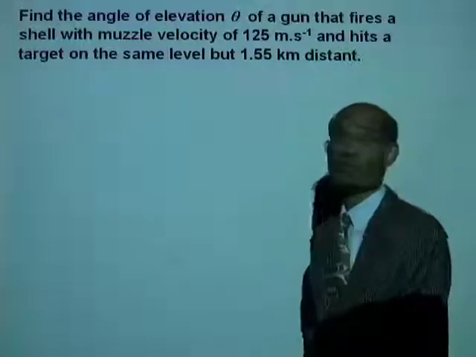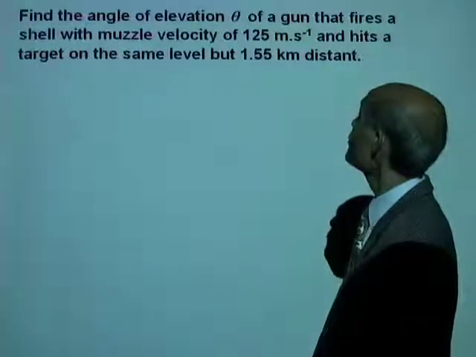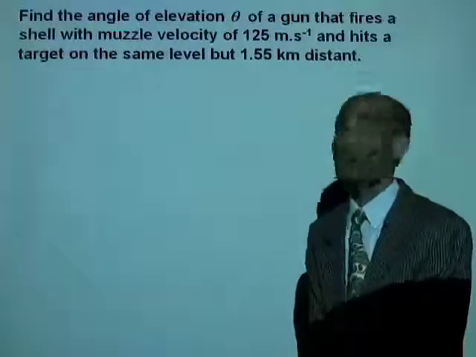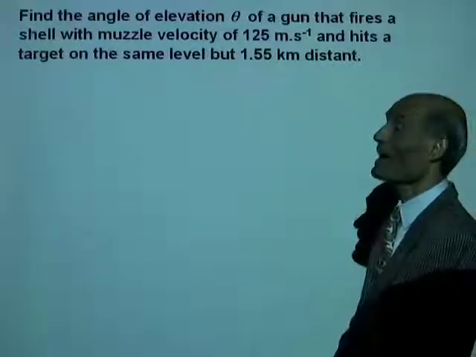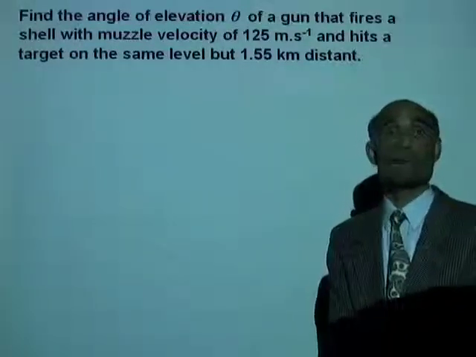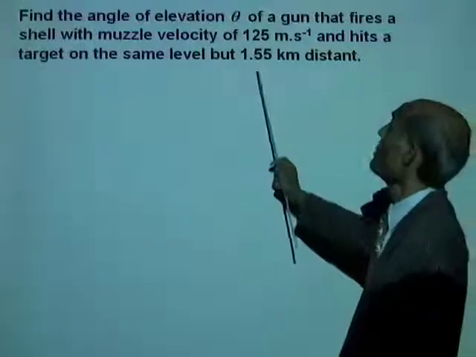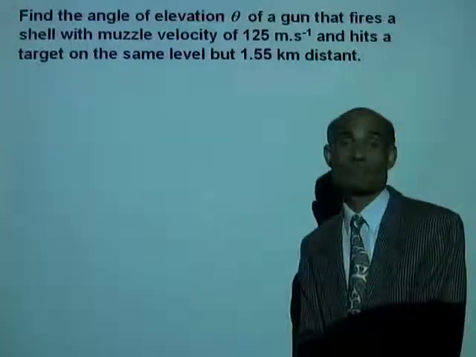Okay, another problem. Find the angle of elevation theta of a gun that fires a shell with a muzzle velocity of 125 meter per second and hits a target on the same level but 1.55 kilometer distance.